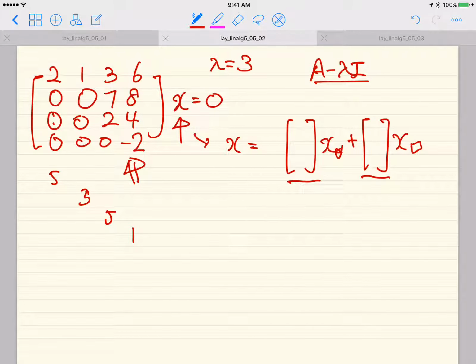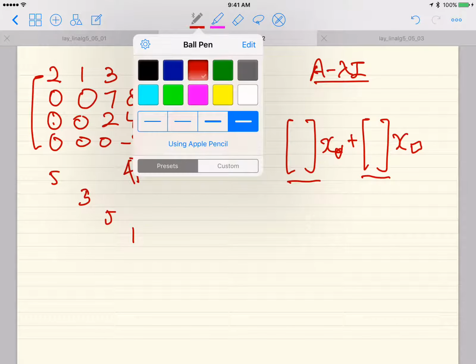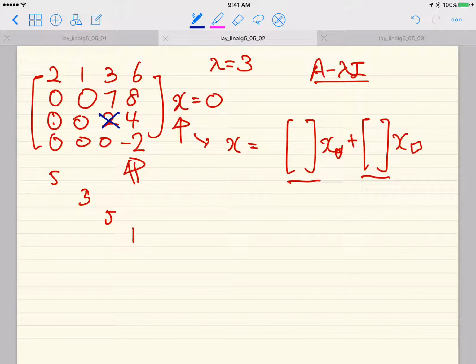So first of all, is it echelon form? No, right? So we have to cancel this out, and we can easily do that. Then we also have to cancel this out. And so the free variable is the second one, so the number of free variables is just 1, right?